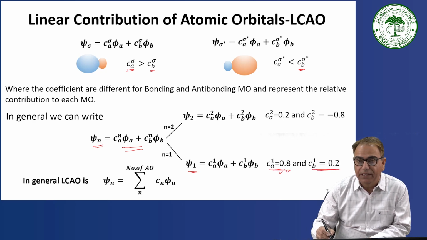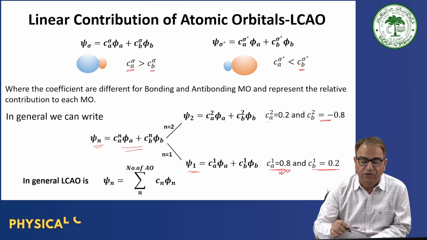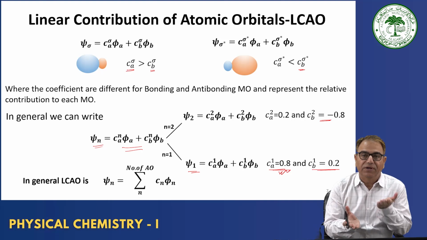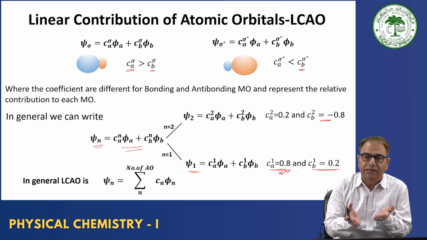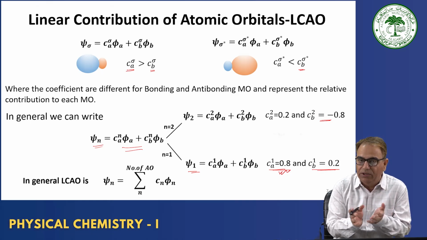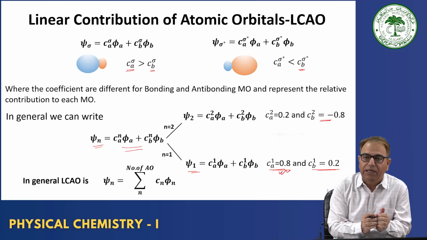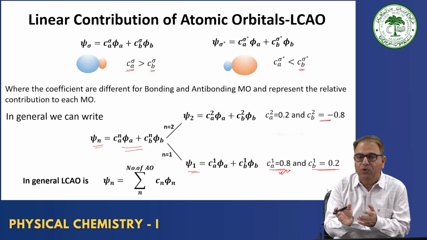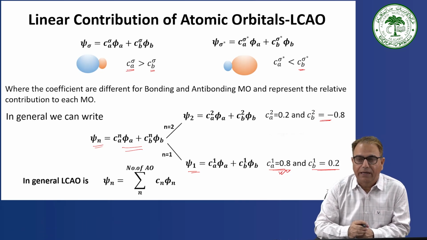See, the contribution from A is higher: 80% contribution from A, 20% contribution from B. In case of psi 2, 80% contribution is from B and 20% contribution is from A. So whenever there is a difference in the energy levels of the combining atomic orbitals, one orbital contributes more than the other, and bonding becomes closer to the lower-lying atomic orbitals. Anti-bonding becomes closer to the higher energy atomic orbitals. Okay.